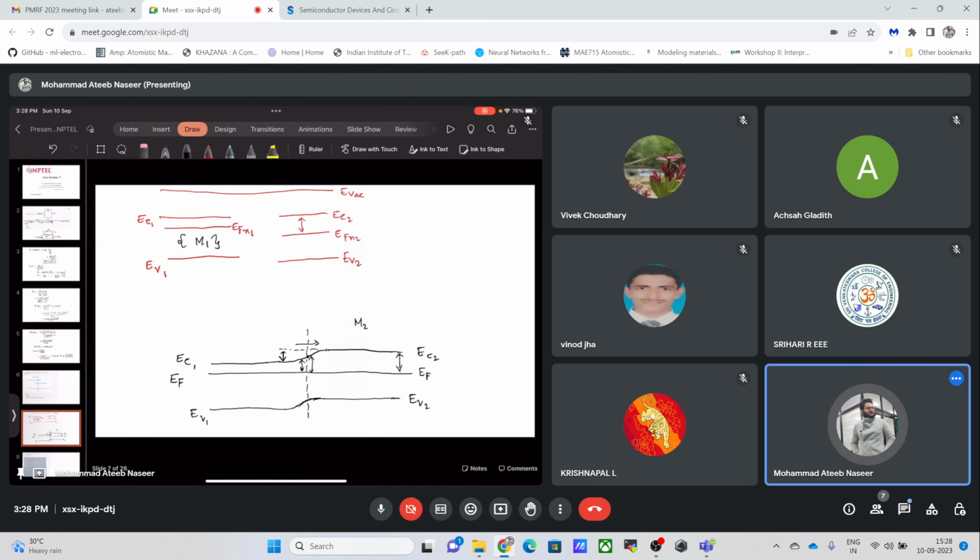It is denoted by q phi Bi. It is simply the difference between the two conduction bands, EC2 and EC1, or simply EV2 minus EV1. This is the built-in potential that we will have.